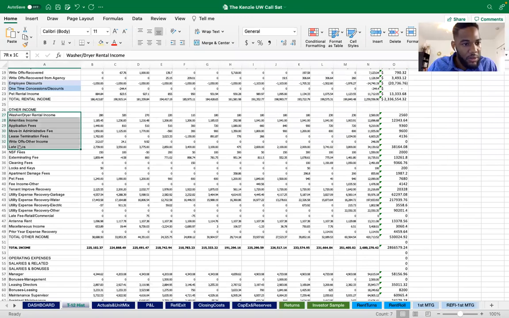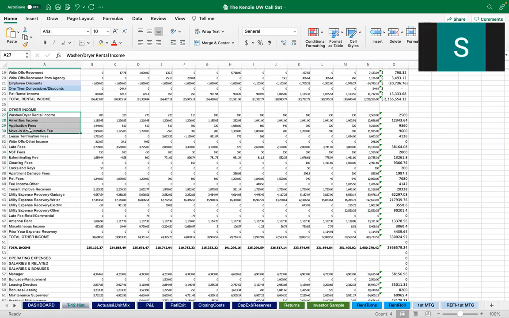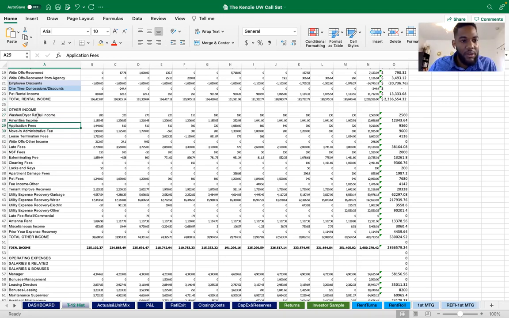Anything else? Gym, let's say indoor gym. Gym fee. Washer and dryer. Yep. Lock change fee, I guess the duplicate keys. So everyone is right.